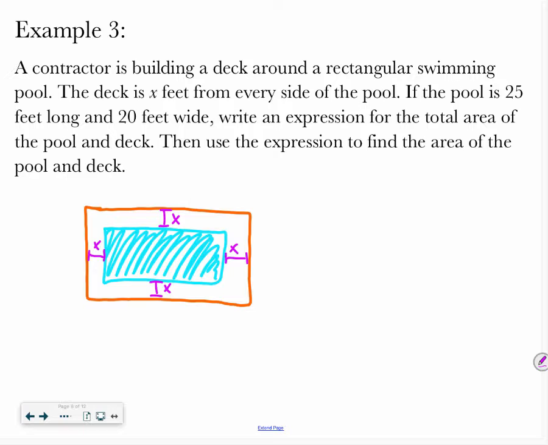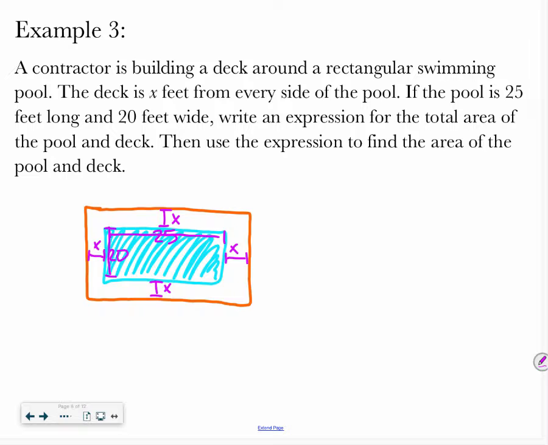If the pool is 25 feet long, so this is going to be 25, and 20 feet wide, write an expression for the total area of the pool and deck.